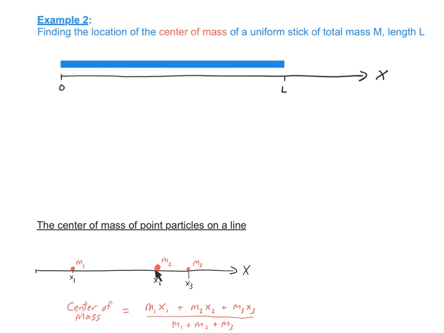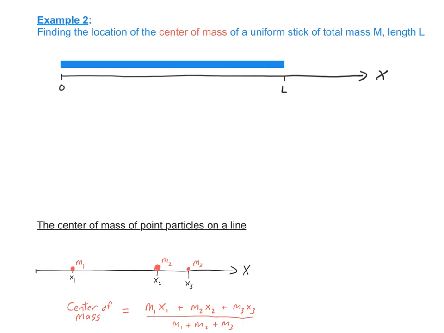So here, if you had 3 particles, this is how you find the center of mass. And if there are more particles than the one I've shown, maybe there are 4 or 5 particles, you would generalize this formula. I'd have, for example, plus m4x4 plus m5x5 in the numerator, and I'd add plus m4 plus m5 in the denominator, and so on.